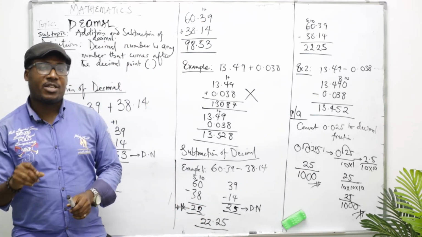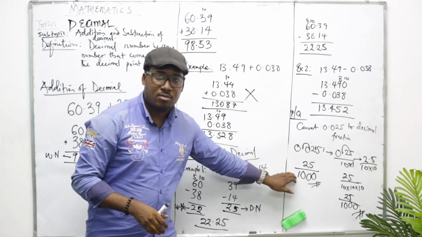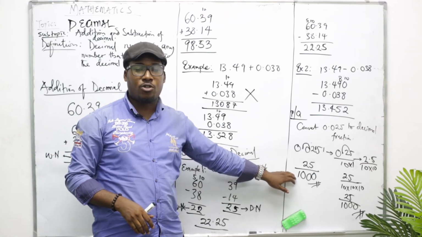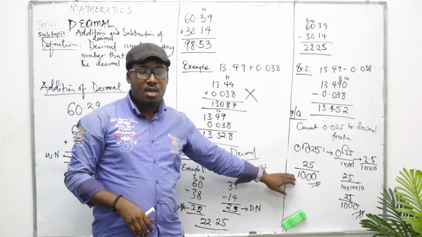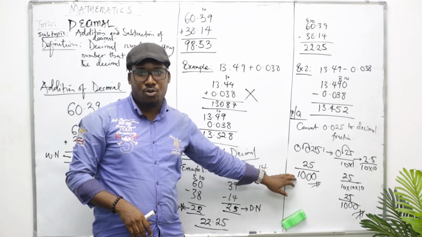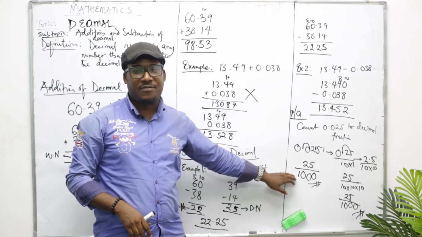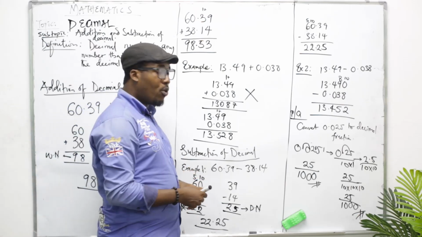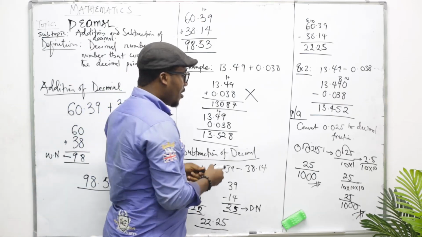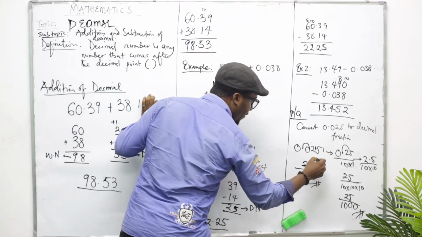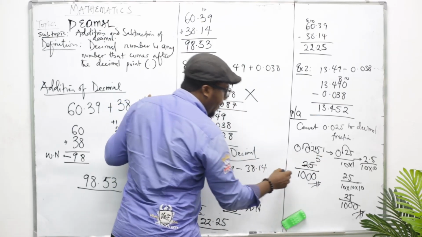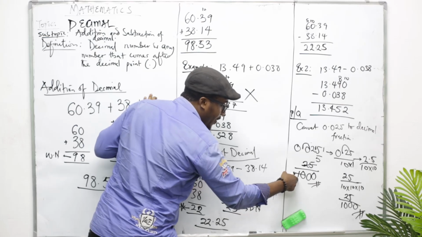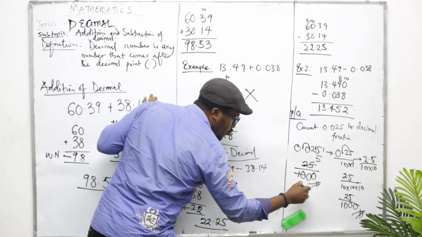But in mathematics, you don't leave your answer this way. It's not mathematically correct if you do it this way. In mathematics, you must break it down to the lowest form, or the simplest form. Now, in this case, we're having 25 over 1,000. We will divide, breaking it down. 5 into 25 will give us 5. 5 into 10, let's use the 10 here first. 5 into 10 will give us 2.